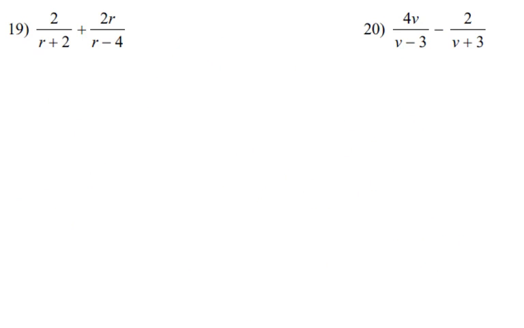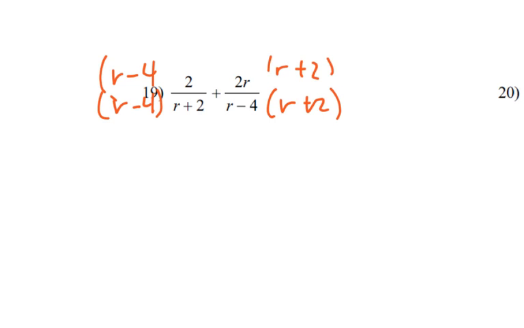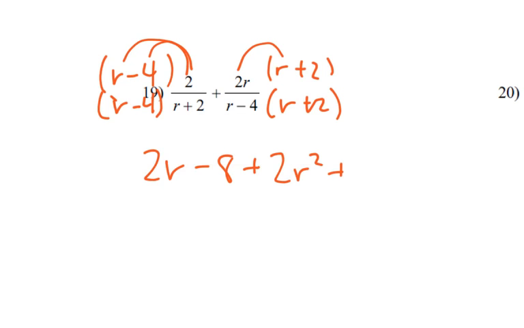So, the last two here. So, kind of the same idea. So we times this by r plus 2, times the left by r minus 4. Do it to the top as well. So we get 2 times r, so 2r minus 8 plus 2r squared plus 4r, which is the top.